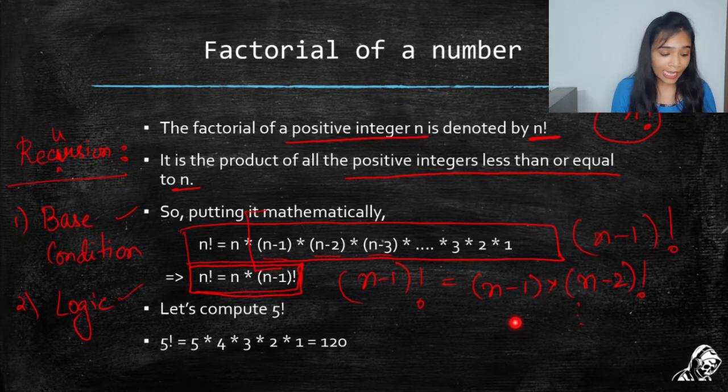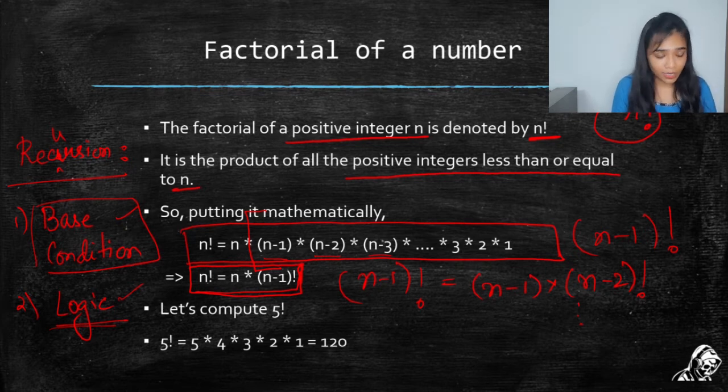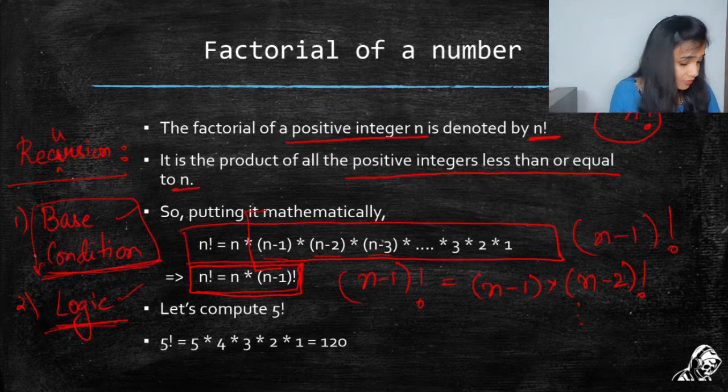No matter what, let's say your logic is perfectly fine, but you messed up in your base condition. In that case, your function won't work. It will give you a wrong answer. It might give you a time limit exception. It can go into an infinite loop. So whenever you're coding something in recursion, always make sure that your base case is correct, and also your logic. Neglecting even one of these will give you a wrong answer.